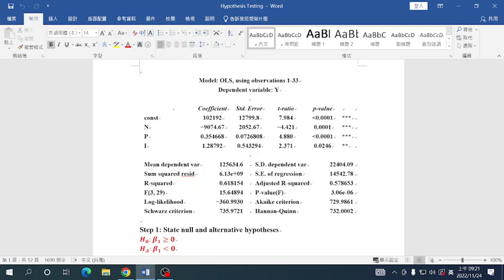The p-value is here, and it is something very small, close to 0.001. Okay, in this case, step 4 is again the decision rule.